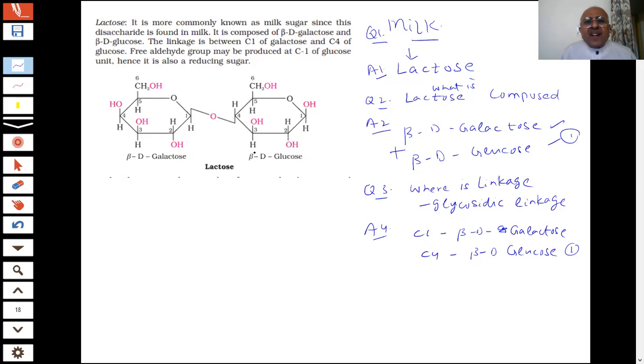One more thing. What is the difference between glucose and galactose? If I compare glucose and galactose, students, what is the relationship between them? This is O, this is O, this is H, this is H. You have OH, you have OH.